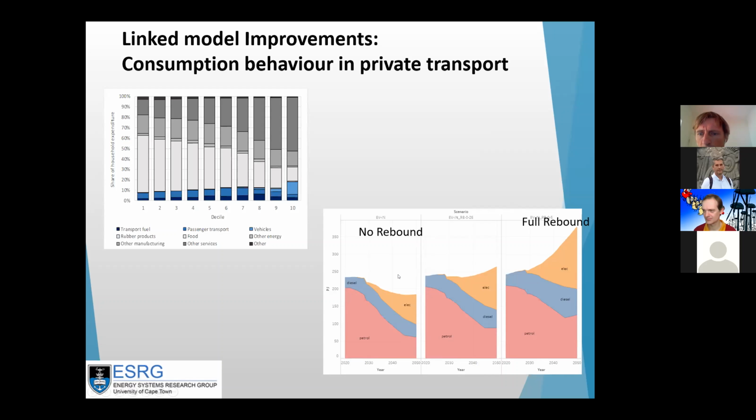The theoretical background is that we're using a Cobb-Douglas function here for the households, where they're allocating the same budget or share of their income to different goods, and we have a new sector that we introduced, which is called the private transport sector, and that sector consumes petrol and electricity to produce passenger transport.